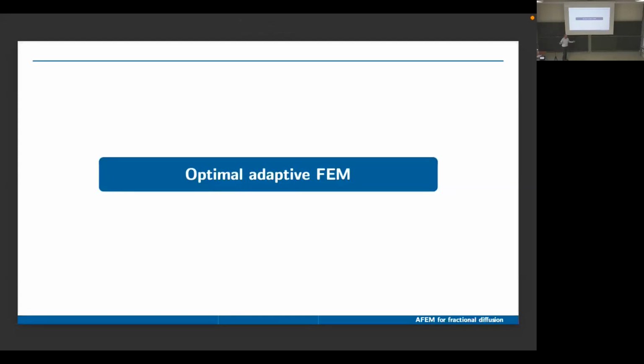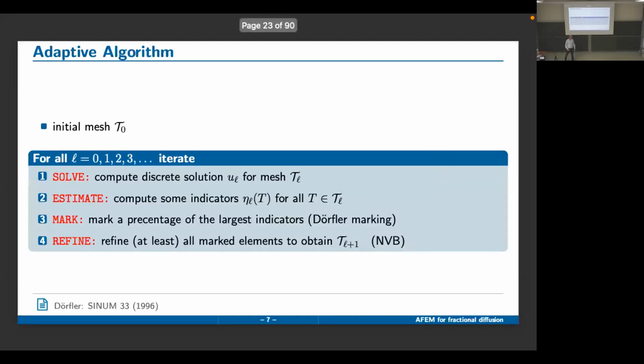What about optimal adaptivity? This is again nothing new. This is the standard adaptive loop, going back to Dörfler's 1996 paper. We iterate with an initial mesh the solve, estimate, mark, refine loop. We solve on the current mesh, produce a discrete solution, compute some indicators, then mark a percentage of these indicators with so-called Dörfler marking, and refine at least all the marked elements.